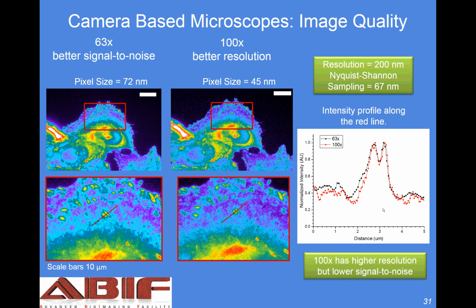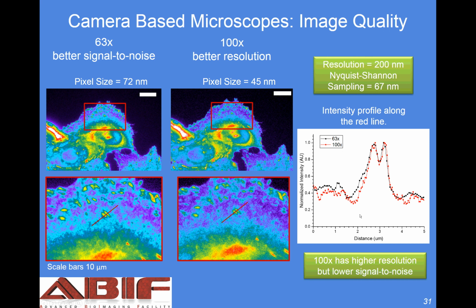And these curves were generated by using a 5-pixel average. So you look at 5 pixels along this line and average them. So if you looked at a single line, the noise would actually be quite a bit higher in the 100x. So basically the 63x has better signal to noise, even though the 100x has better resolution. And our resolution is also related to our signal to noise.